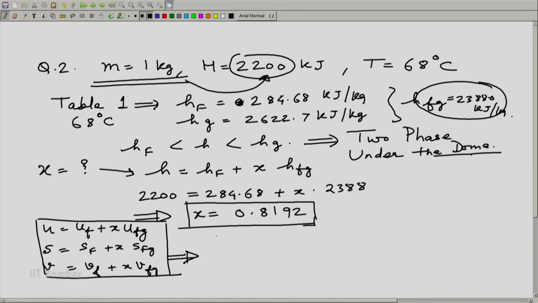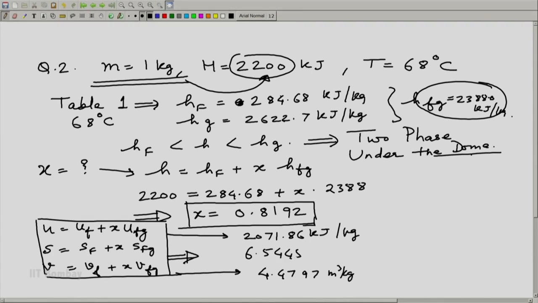I am not going to do all the calculations. Value of U is 2071.86 kilojoule per kg, value of V is 4.4797 meter cube per kg, and value of S is 6.5448 kilojoule per kg Kelvin.